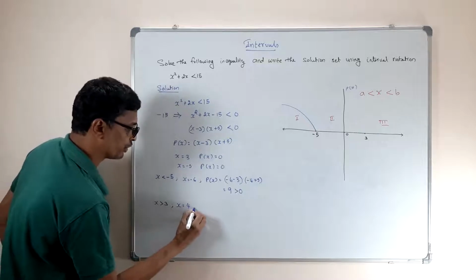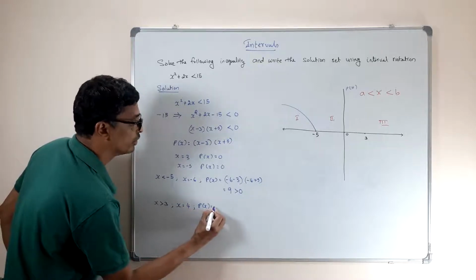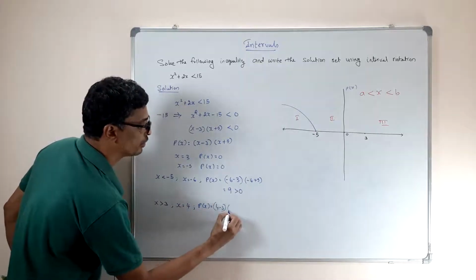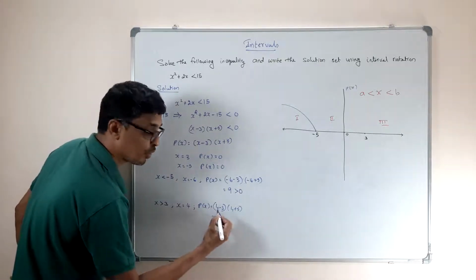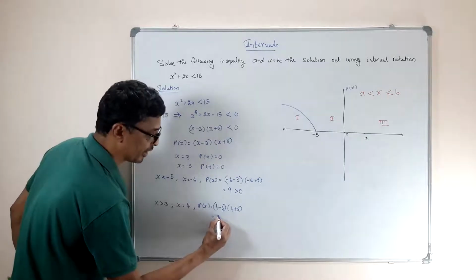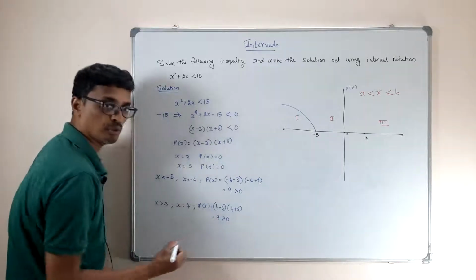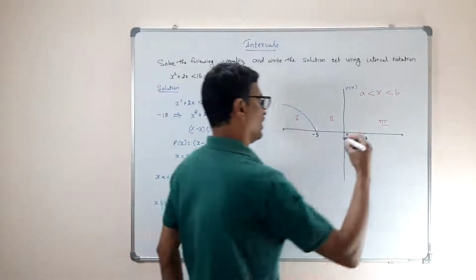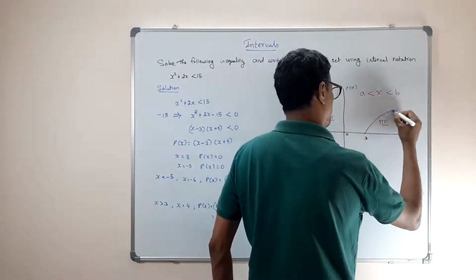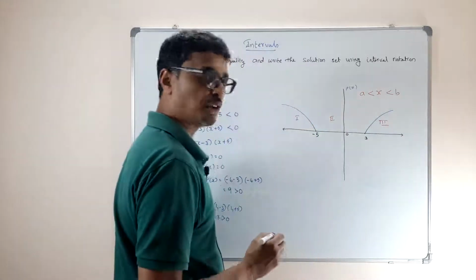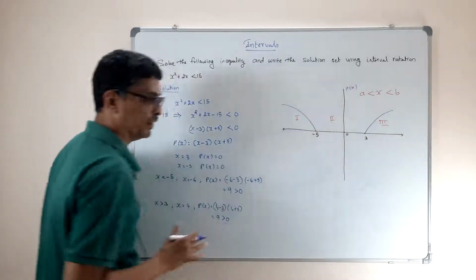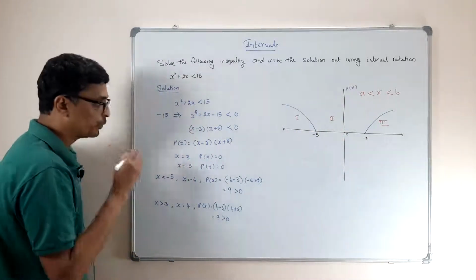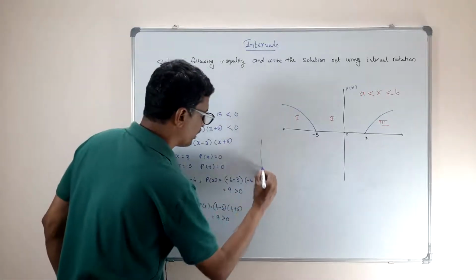Then p of x will be equal to 4 minus 3 into 4 plus 5. 4 minus 3 is 1, 4 plus 5 is 9, greater than 0. So here also this goes to 0. Now let us take the intermediate value. What will be the intermediate value?